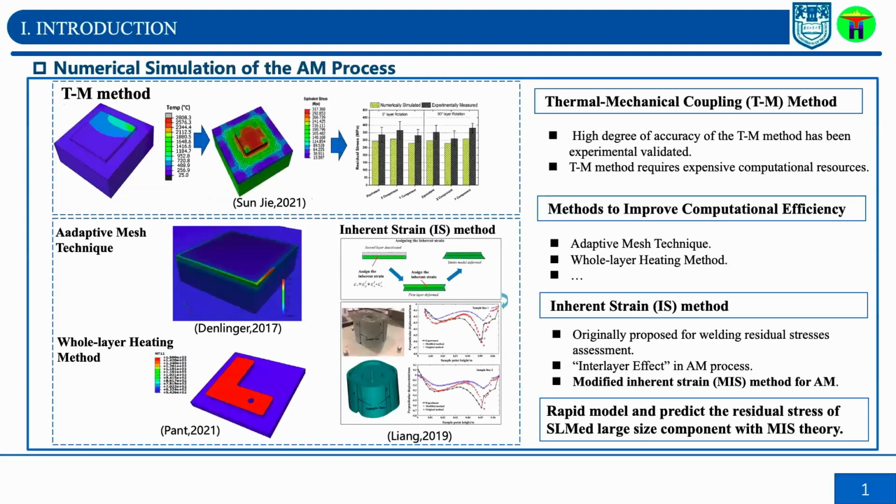As we know, the thermomechanical coupling method is widely used to numerically simulate the AM process, and the accuracy of this method has been experimentally validated. But this method requires expensive computational resource, and various methods have been proposed to improve the computational efficiency, such as the adaptive mesh technique and the hatch heating method and so on.